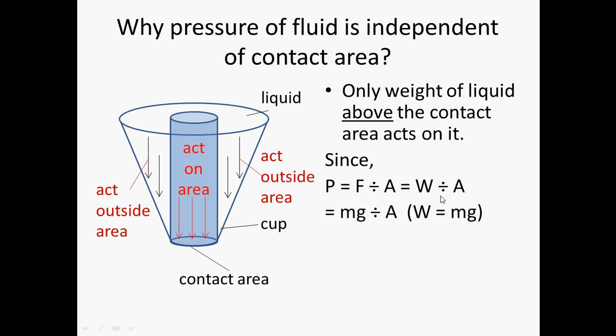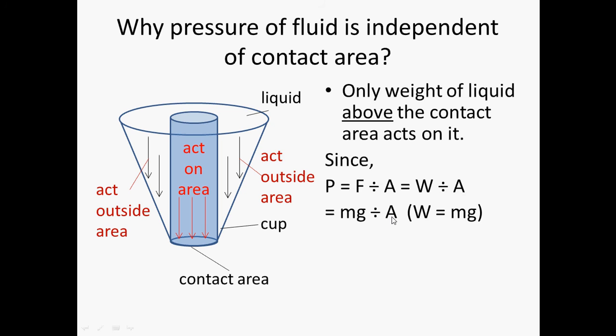Alright, and then you know that weight is equal to the mass multiplied by the gravitational field strength of Earth, so you get mg divided by A.